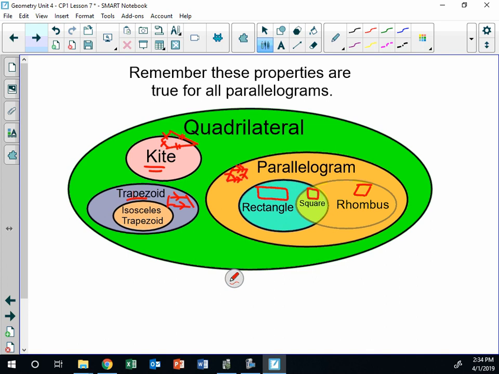So we can see all of these shapes fit under the umbrella of a quadrilateral, but each one of them has their own special properties.